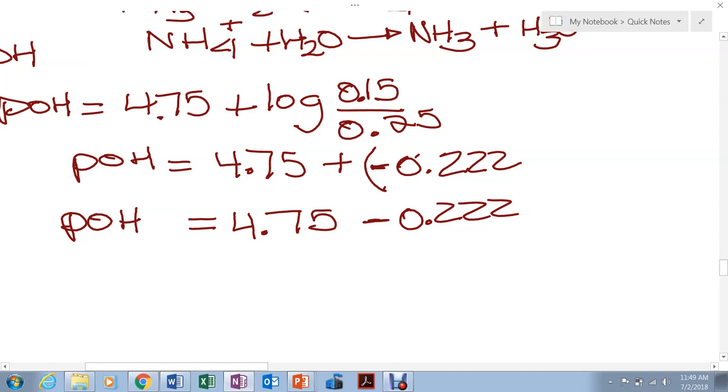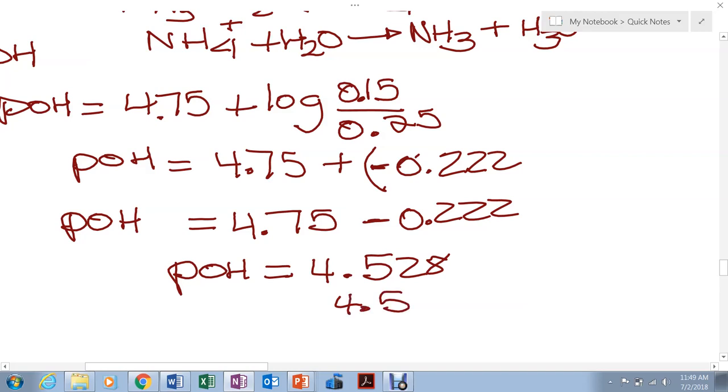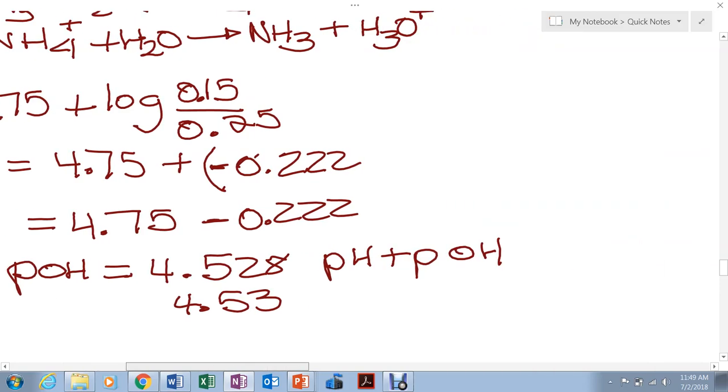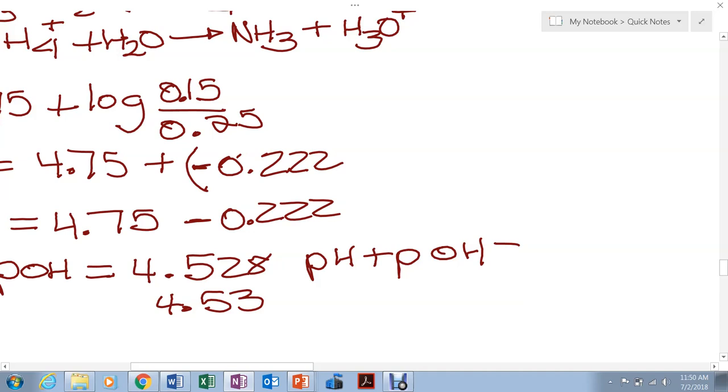POH is going to be 4.528, or 4.53. And if you subtract from 14, remember pH plus POH gives you 14, equal to 14.